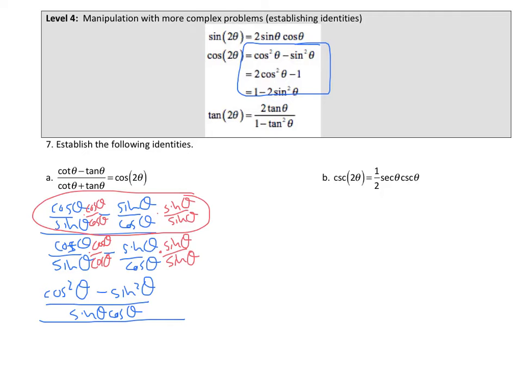I can't read my own writing. Cosine theta times cosine theta, we get cosine squared theta. And then sine theta times sine theta is, oh, this one was a plus. Sine squared theta divided by sine theta cosine theta.